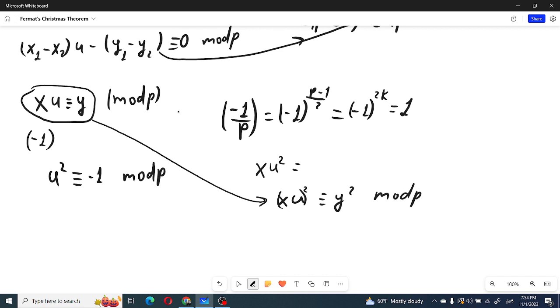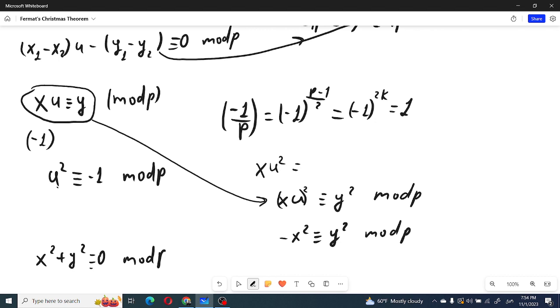But if we take u squared as negative 1, we get that negative x squared equals y squared mod p. So we get that x squared plus y squared equals 0 mod p.